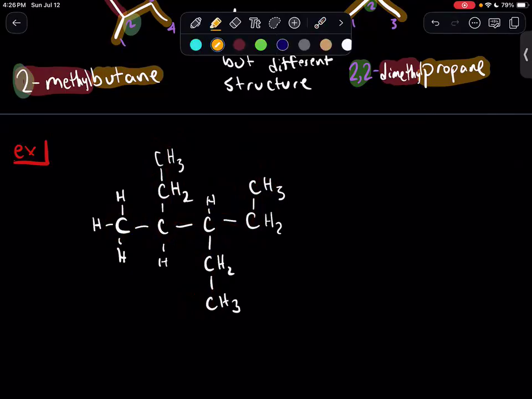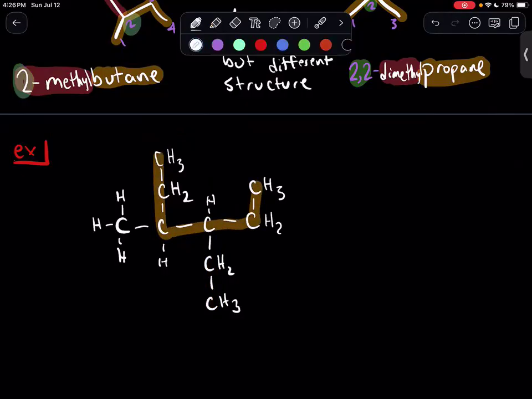Now, with these two, we have two different options. I'm going to go for the zigzag right here. It doesn't really matter which one you go for, whether you go for that zigzag or like this.